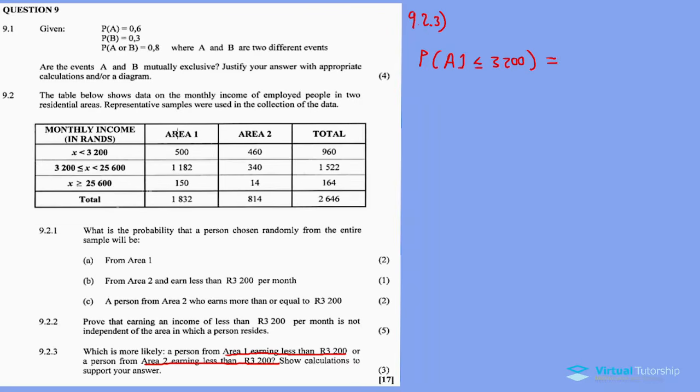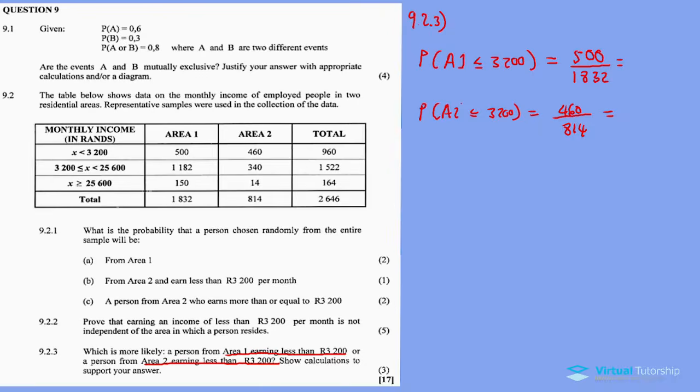So for area 1, the people who earn less than 3,200, it's 500. What is the total number of people in area 1? It's 1832. The probability of area 2 less than 3,200 is equal to 460 in area 2 divided by the total, which is 814.